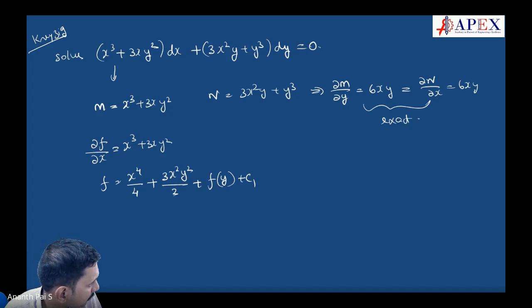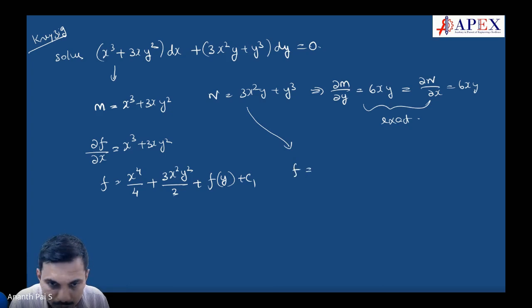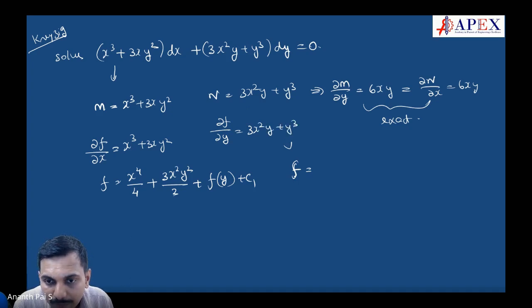I'll write it here. Over here, f can also be equal to, here you integrate this. It's the same function, this function and this function is the same. What is this? This is dou f by dou y is equal to 3x square y plus y cube. Make sense?